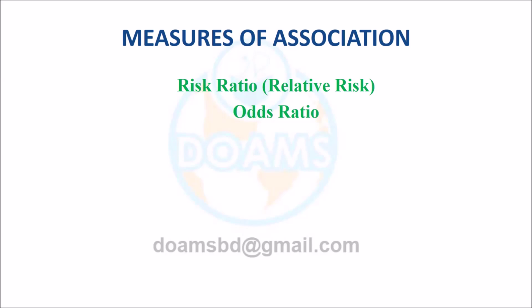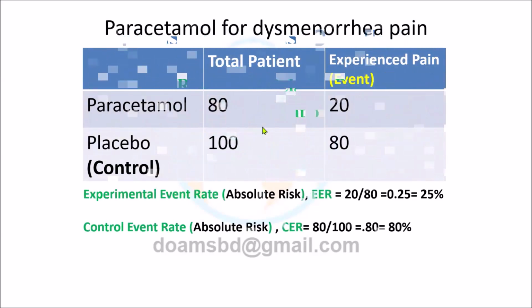Now come to another chart. Can you copy this in your paper, please? Just for understanding: paracetamol given for pain relief in dysmenorrhea. In biostatistics, we are always comparing.